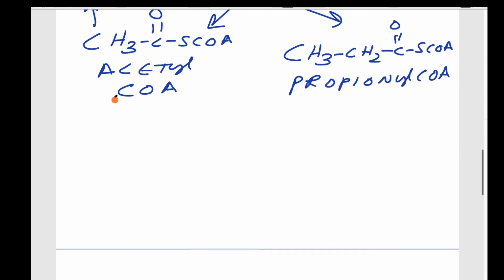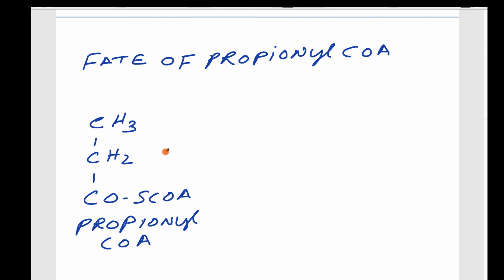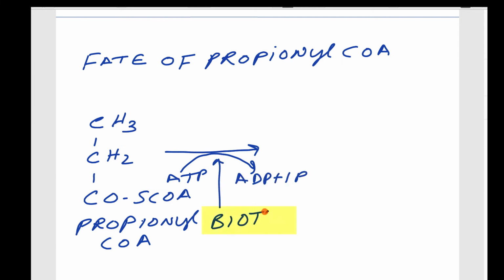What about propionyl coenzyme A? Now let us discuss the fate of propionyl coenzyme A. This is propionyl coenzyme A. In the presence of ATP, which is converted to ADP plus Pi, and one of the B complex vitamins, biotin, there is fixation of carbon dioxide by the action of the enzyme propionyl coenzyme A carboxylase.